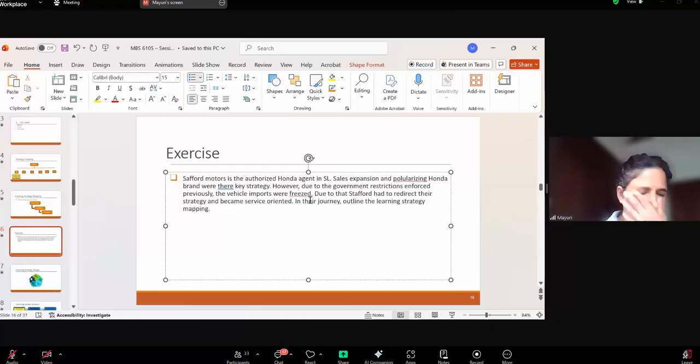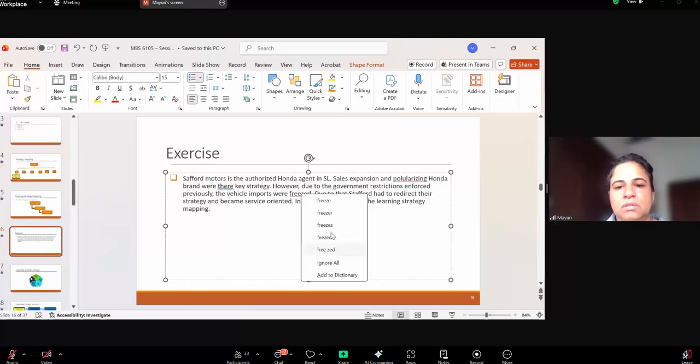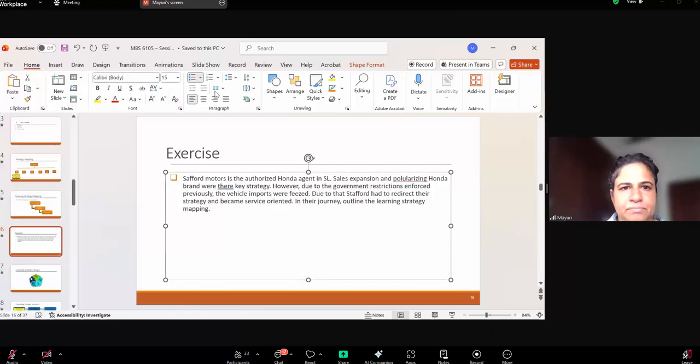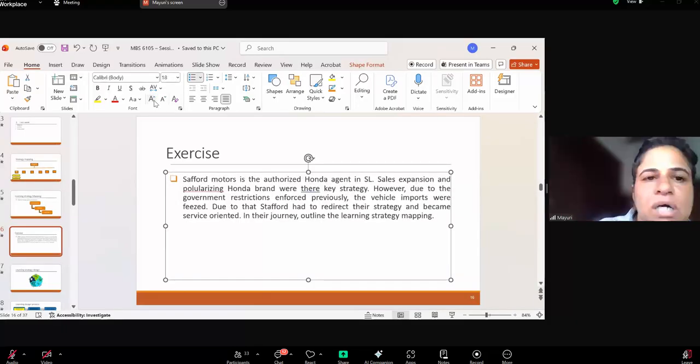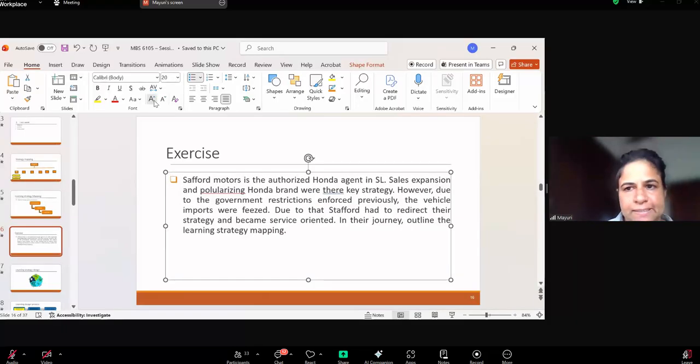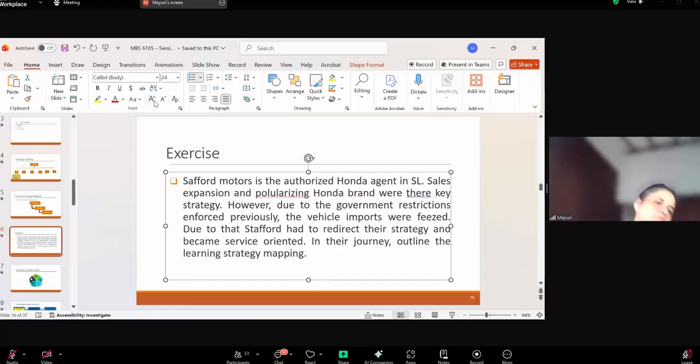Right, so try to do this one. This is the actual scenario. Try to do this one, please. You need to find what the business strategy is, what the HR strategy is, and what the learning and development strategy is. Then I will have a look. Please do it.